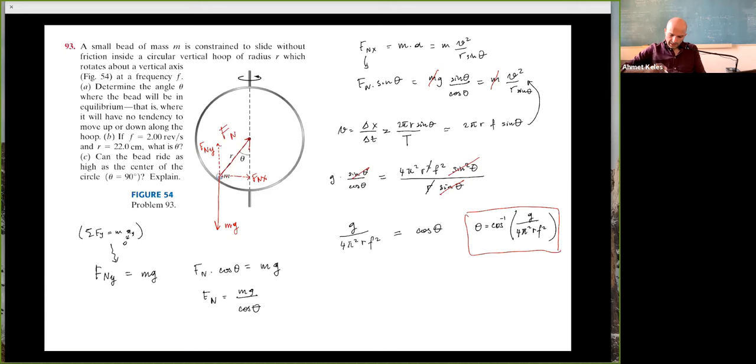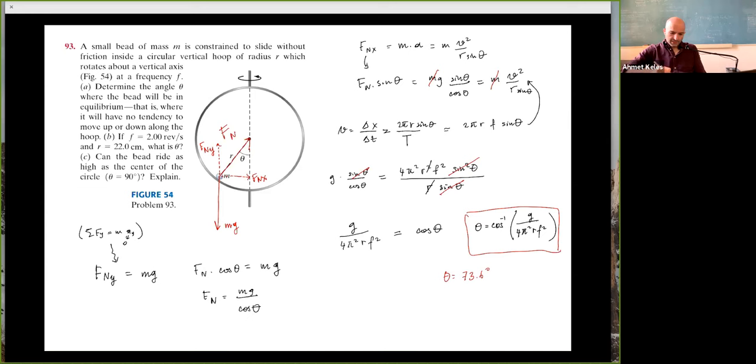Now I'm going to take the inverse cosine of all of this. Okay, I found 73.6 degrees. Theta is equal to 73.6 degrees. That's what I found.